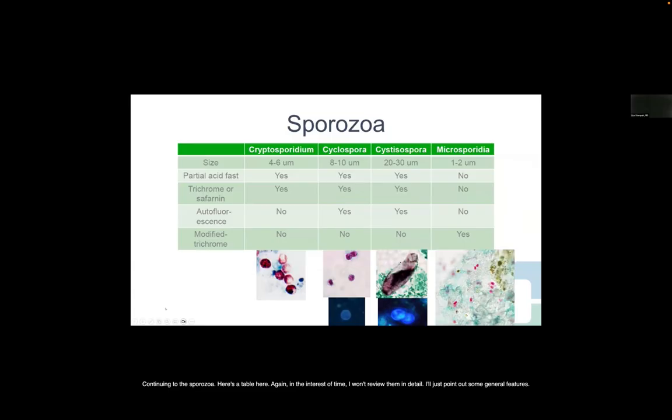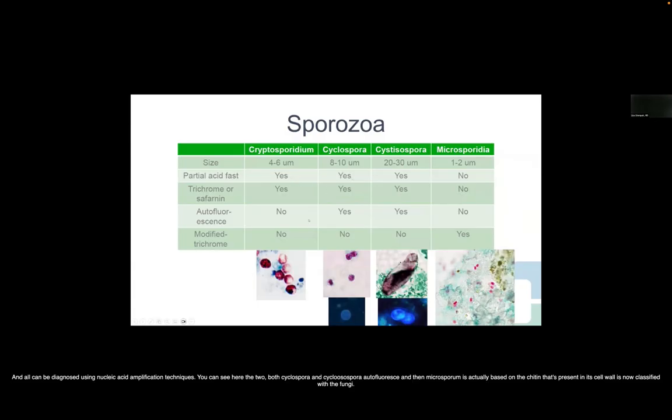Continuing to the sporozoa, here's a table. Again, in the interest of time, I won't review them in detail. I'll just point out some general features. For these organisms, it is important to know their size to be able to distinguish them from each other. All can be diagnosed using nucleic acid amplification techniques.